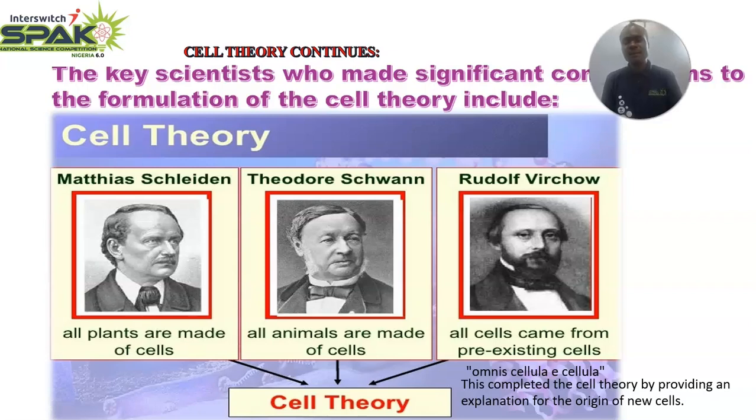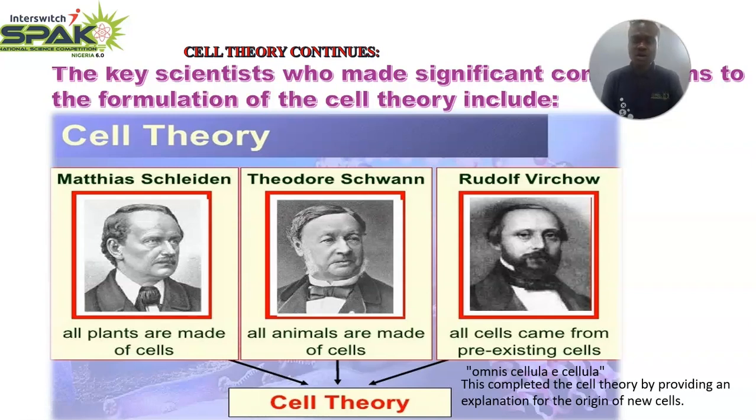And then at about 1855, another man by the name Rudolf Virchow came up with the statement that all cells come from pre-existing cells through the process of cell division. In his publication, he made use of the phrase omnis cellula e cellula.